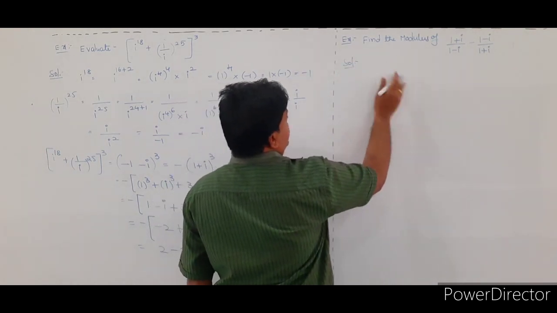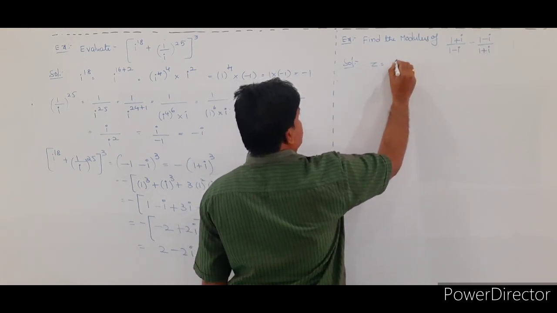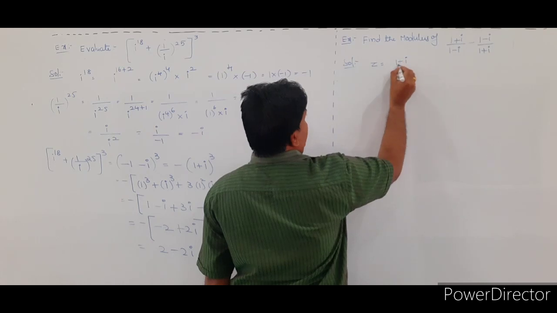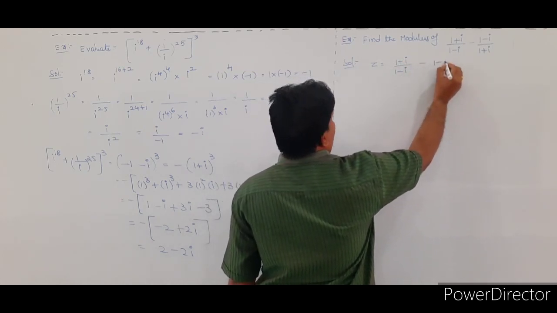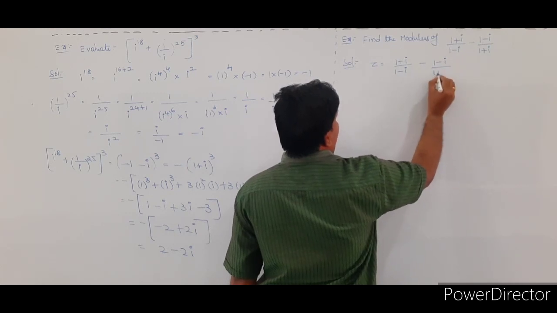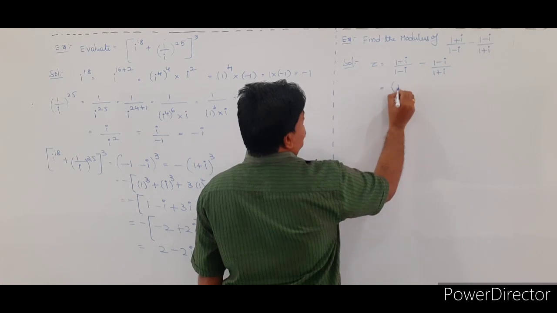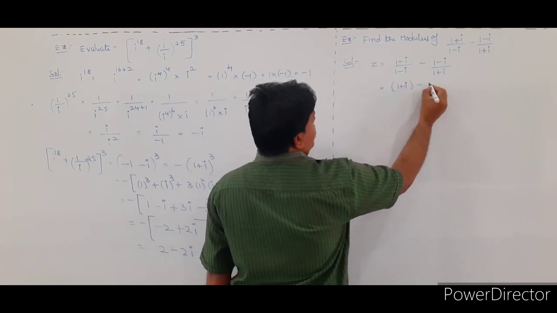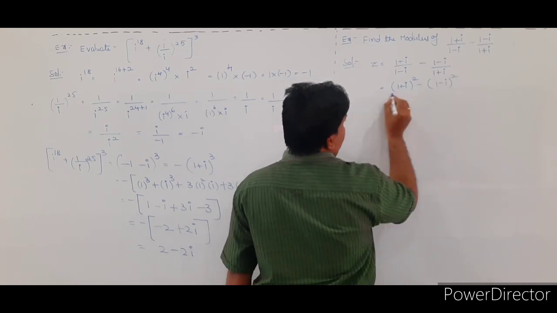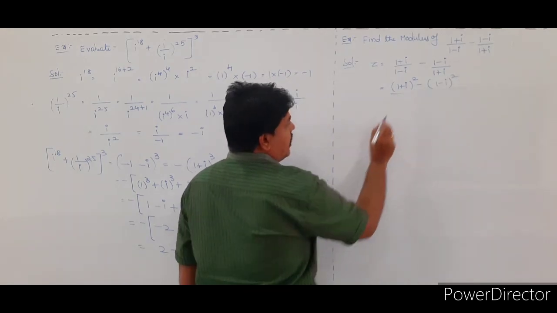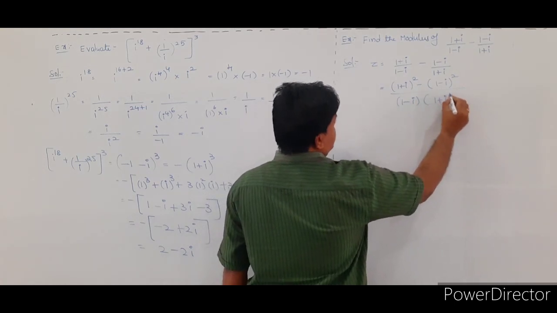So I will take z equal to (1 plus i)/(1 minus i) minus (1 minus i)/(1 plus i). Take the LCM, (1 minus i) into (1 plus i).